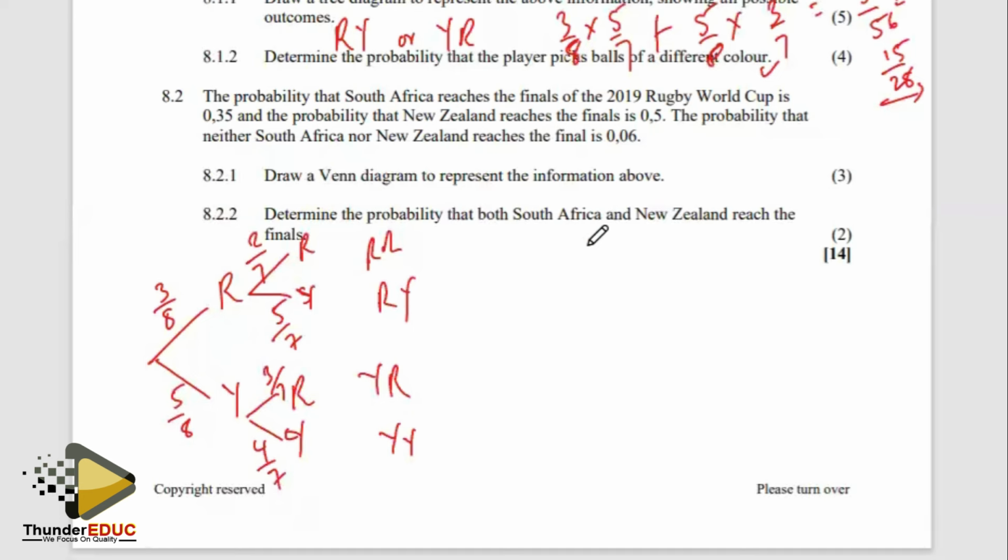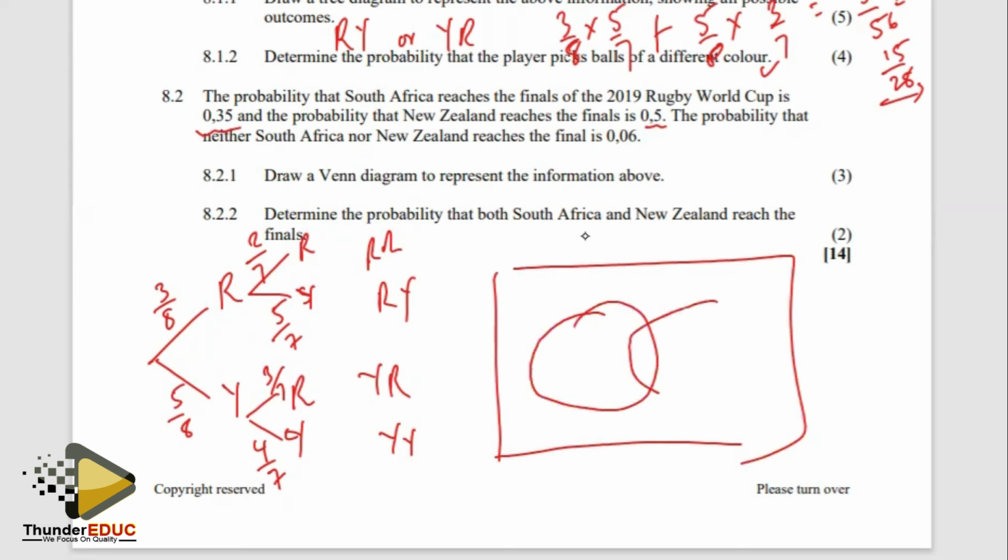8.2. The probability that South Africa reaches the finals of the 2019 World Cup is 0.35. The probability that New Zealand reaches the finals is 0.5. The probability that neither reaches is 0.06. Draw a Venn diagram. So these are just two events.